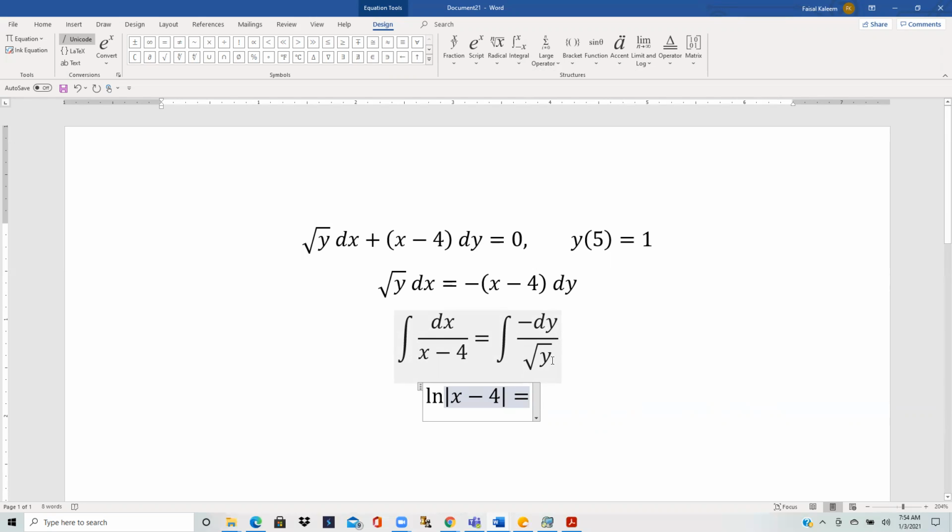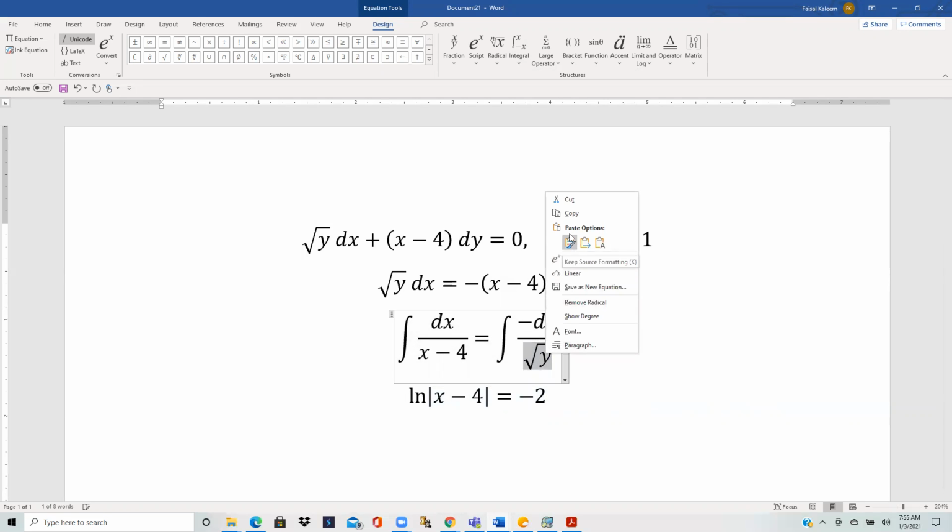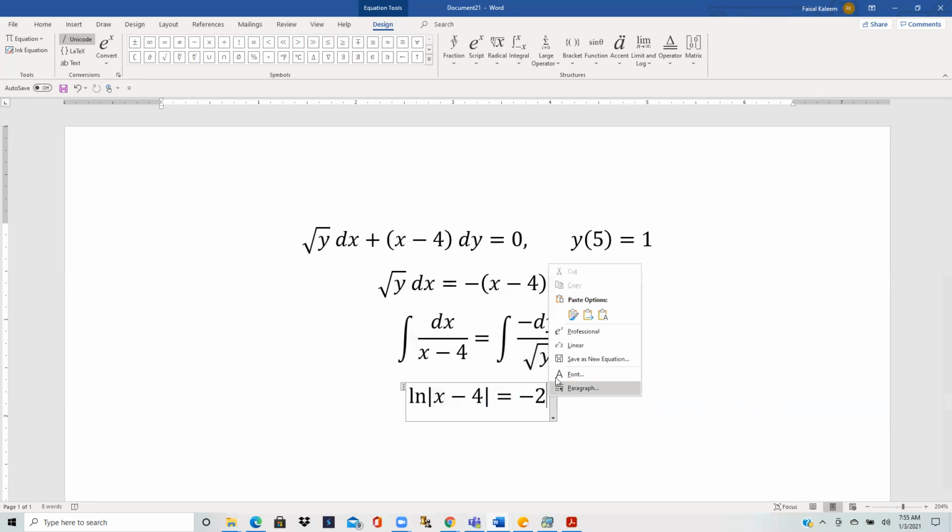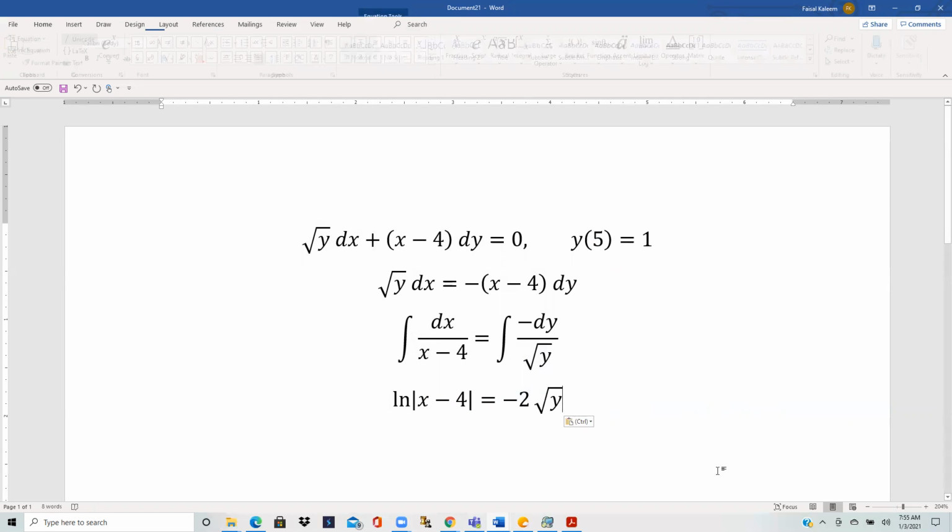But since 1 over square root of x or 1 over square root of y appears so often, I always teach my Calc 2 students to just memorize it so that you can save time. So the integral of 1 over square root of y is 2 square root of y, which is what you get if you apply the power rule. And then we already have a negative, so it'd be negative 2 square root of y, and then plus c.